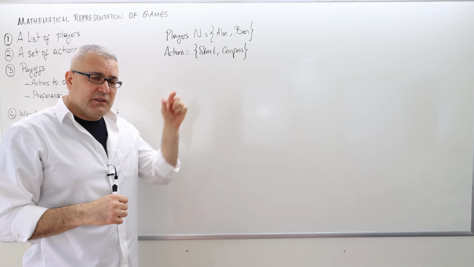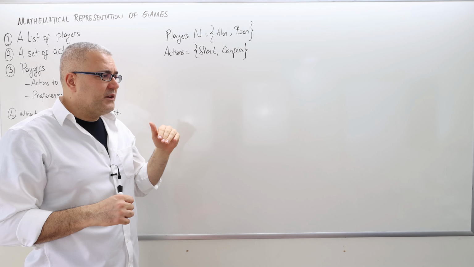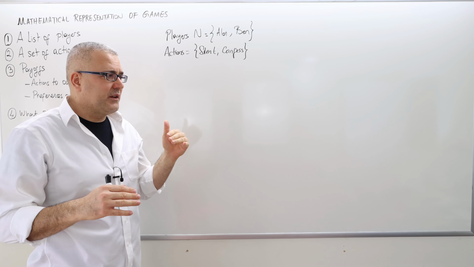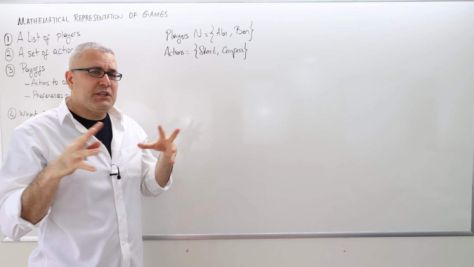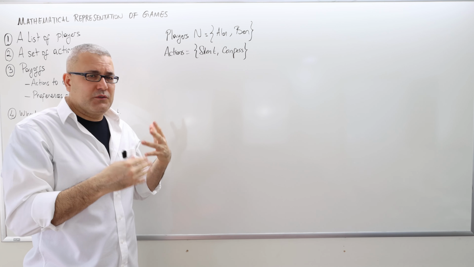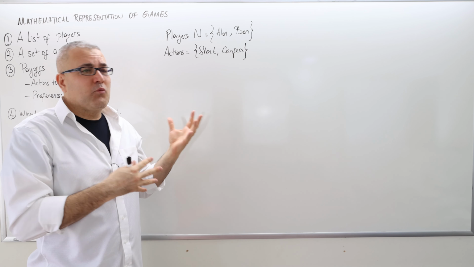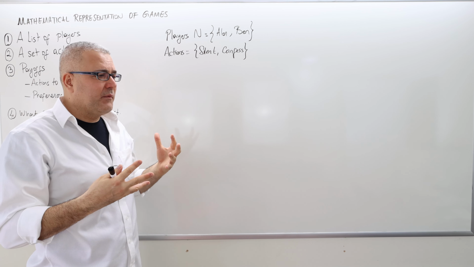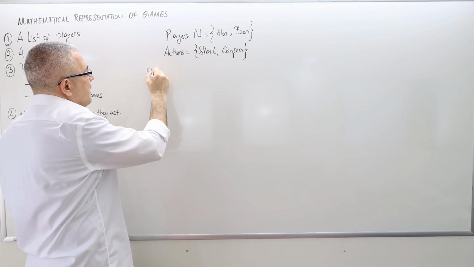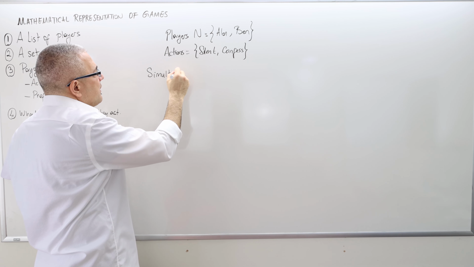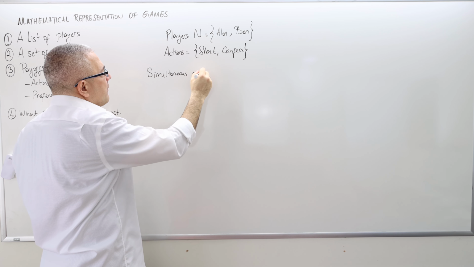The story gives you important information about what the players know about each other. They are interrogated in separate rooms, so they don't observe each other's actions before they make a choice. That's what we call a simultaneous move game. Let me write it. Simultaneous move game.